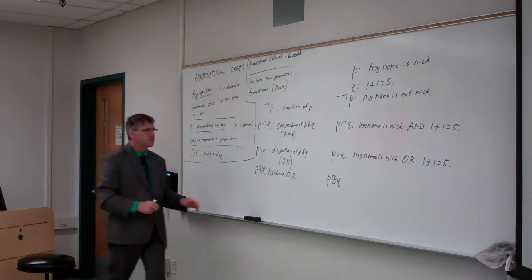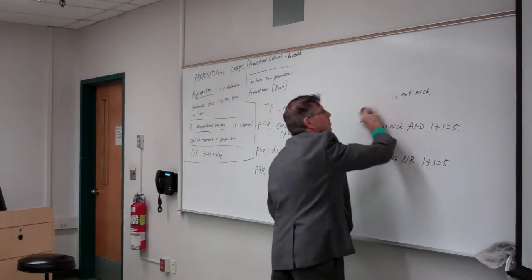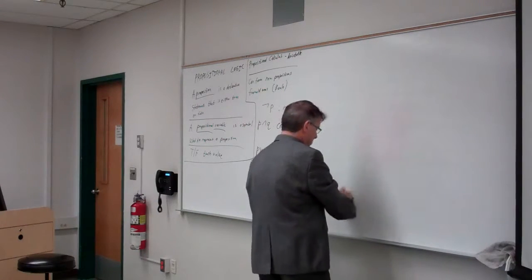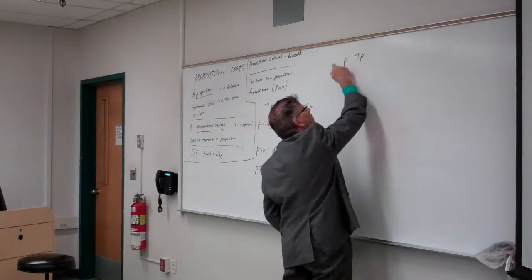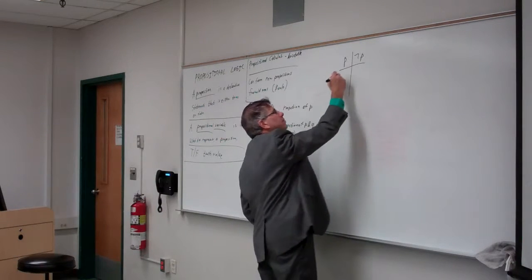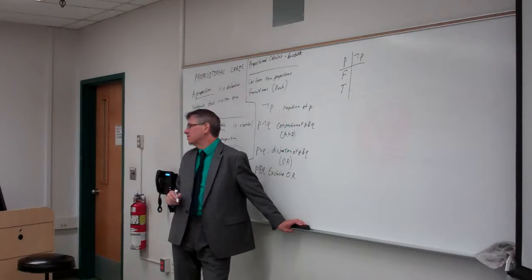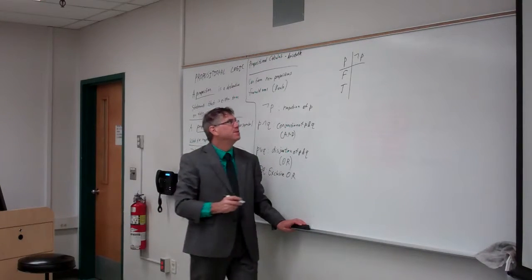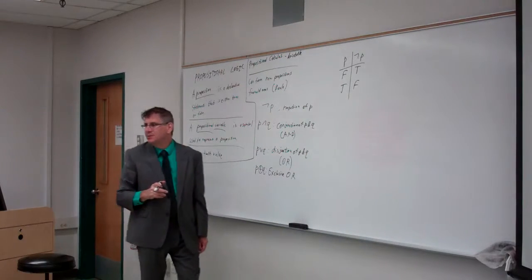And we can make truth tables of these operations. Because a proposition is either true or false, we can enumerate all the possibilities for the truth value of P, and the negation has a complementary value.